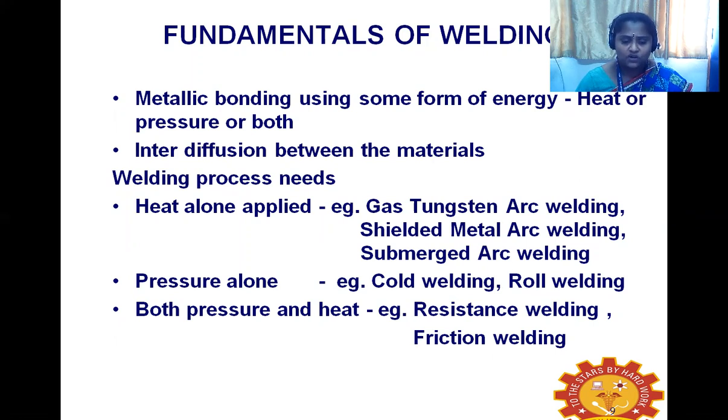In case of pressure alone, we can go for cold welding and roll welding. This kind of welding is generally used for pressed steel or cold formed steel sections. Last one is both pressure and heat. This is what we use in practice. Examples are resistance welding and friction welding.